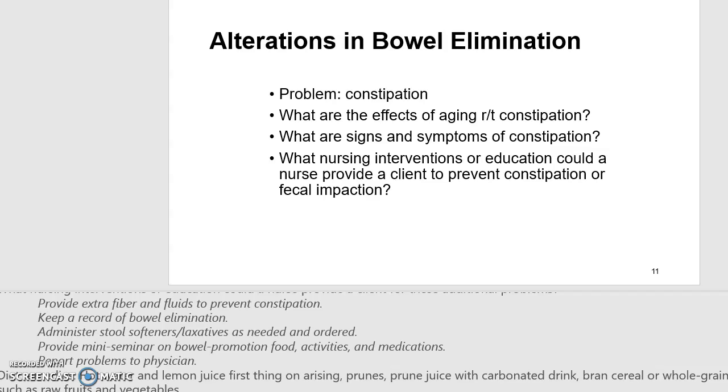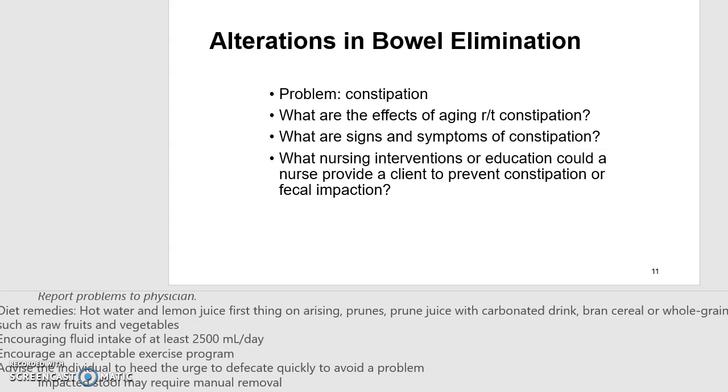We might do an education on good nutrition, activities, and medications with a group of the elderly or one-on-one, reporting any problems to the physician, and knowing that we might need to do a digital exam for fecal impaction or give enemas, things like that, to eliminate those.